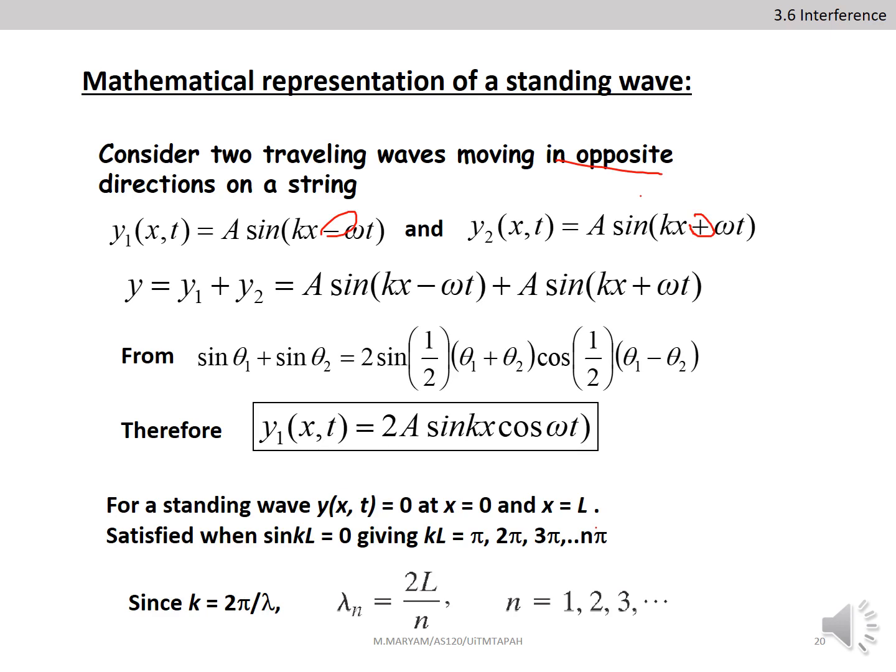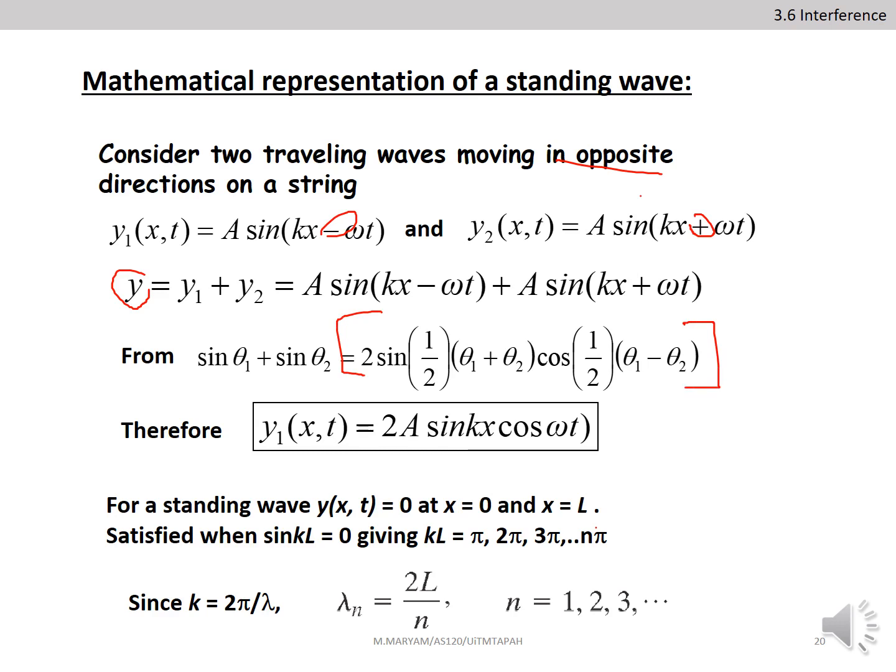So we add both equations, y1 plus y2, A sine(kx minus omega t) plus A sine(kx plus omega t). Then from the trigonometric identity, check back the formula, sine 1 plus sine 2, we get this equation. I will not show you the detail because we just simplify the equation.